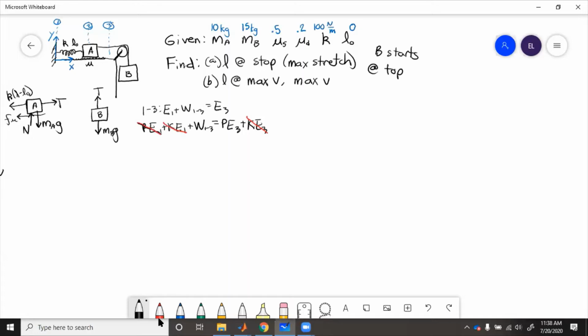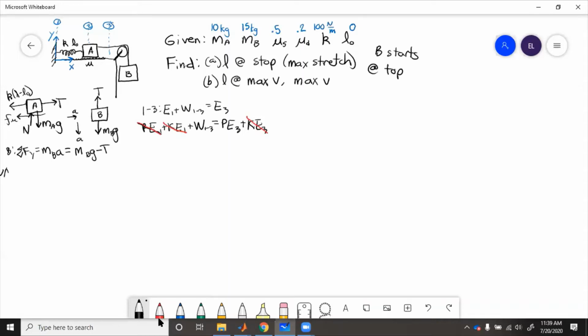But first, actually, we need to find what is the friction force and check if the blocks actually move. So for B, we know that sum of the forces in the Y equals MB times A. So we have that MBG minus T, say A is going down.